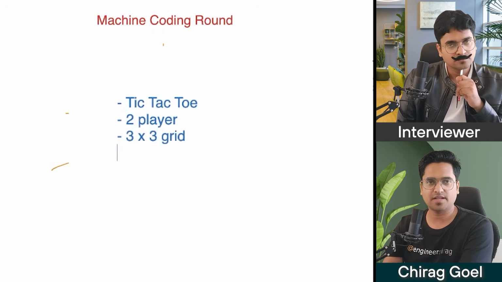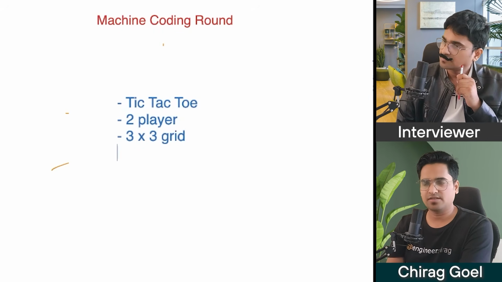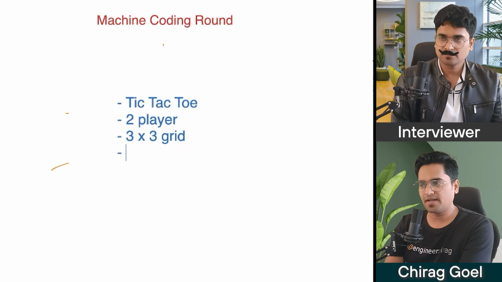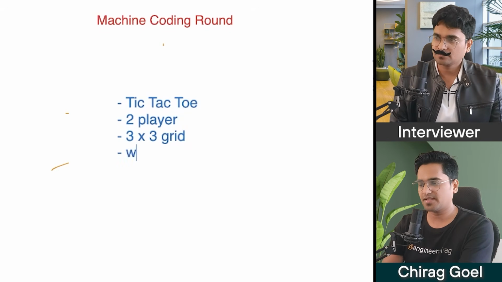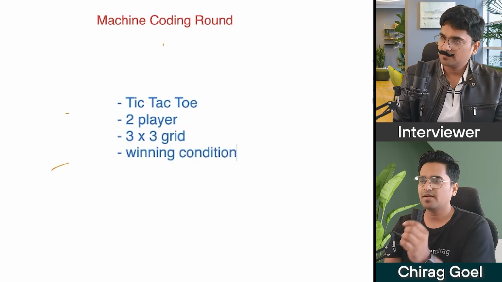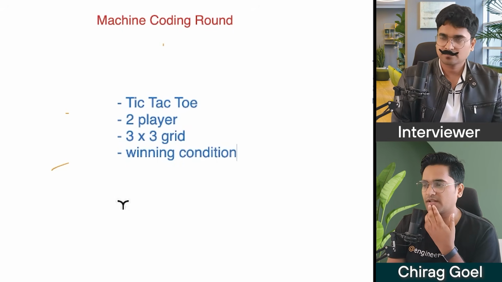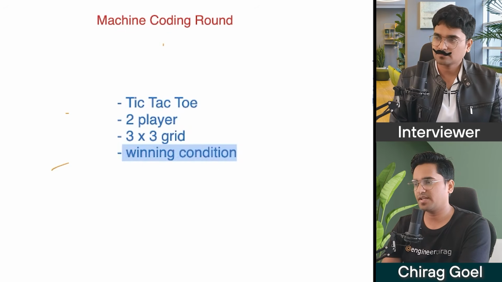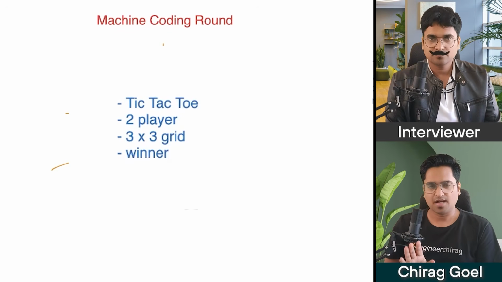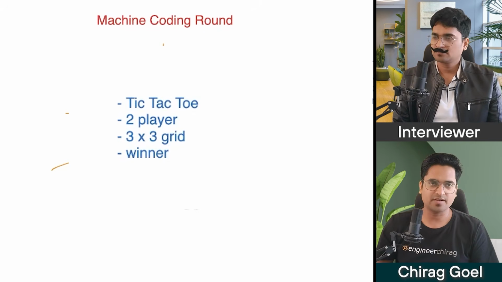Is it okay if I get started with this? Okay, so this is a 3x3 grid, and then probably I will say there is a winning condition that we need. Like when we play, we have to tell who's the winner basically. So I can say winning condition, or we have to find out who's the winner when we are playing. I hope this is good enough.